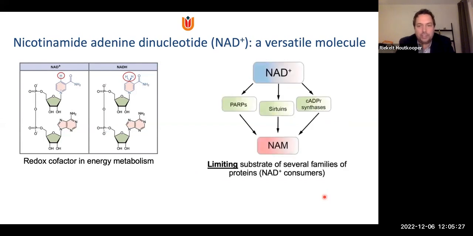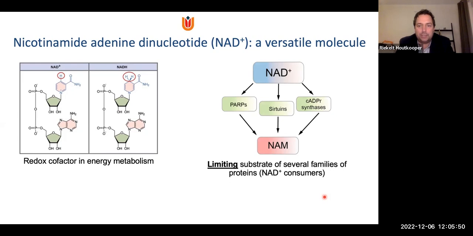But in recent years, probably the last 2 decades or so, there's more and more evidence that NAD can play a more pleiotropic role, because NAD is also the substrate for several families of enzymes, including the PARPs, the poly-ADP ribose polymerases, the sirtuins, and the cADP ribose synthases.